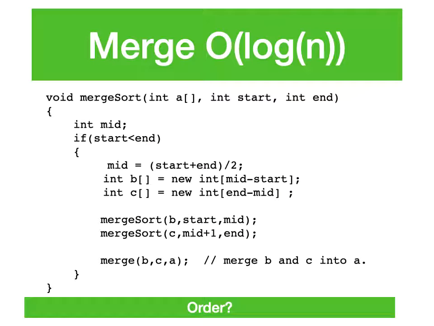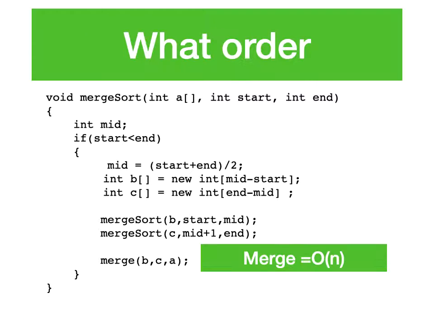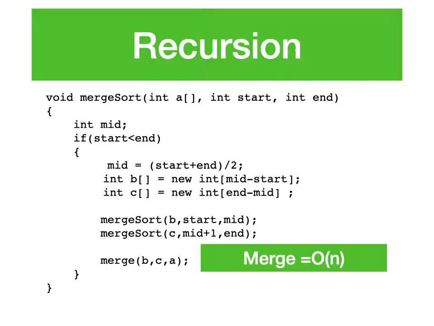Now, our loop depends upon the log of the size of the system. So this comes back to the basic question: what is the order of the system? The merge sort is called log of n times, but it calls merge inside itself, which is O of n. So what does that mean?